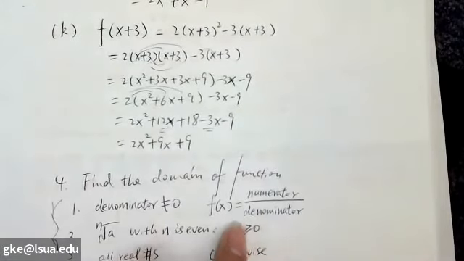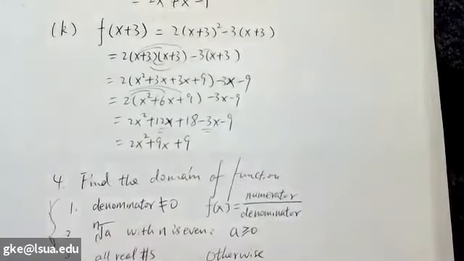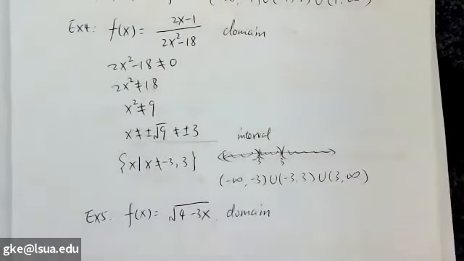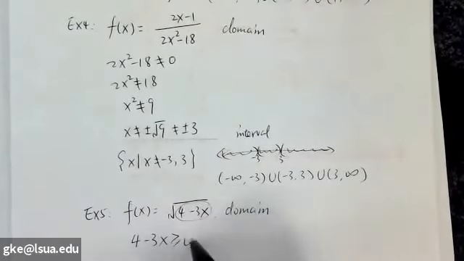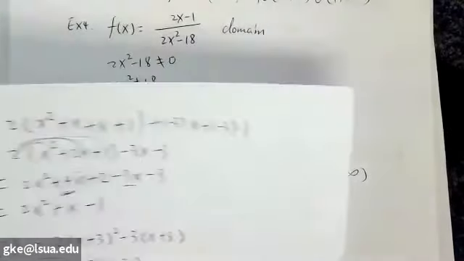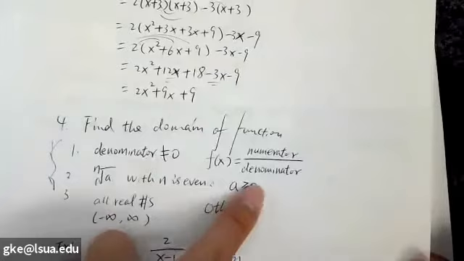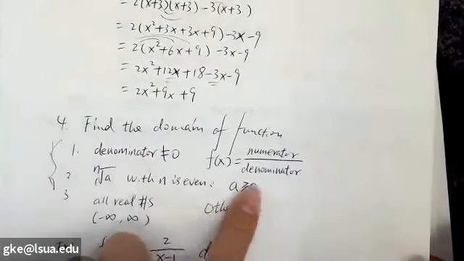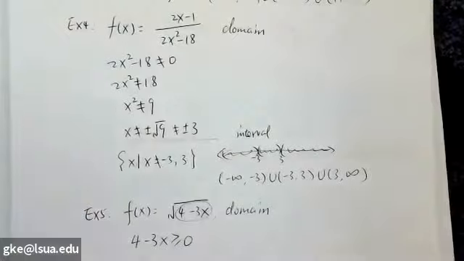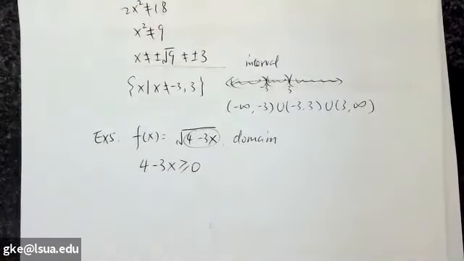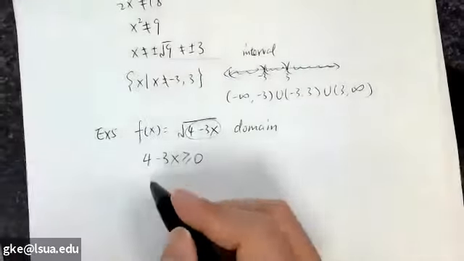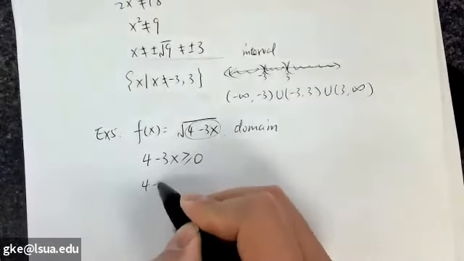So that means everything inside the square root has to be non-negative. So the whole thing should be greater than or equal to 0. Basically, we need to solve the inequality. How to solve it? Subtract 4 from both sides.